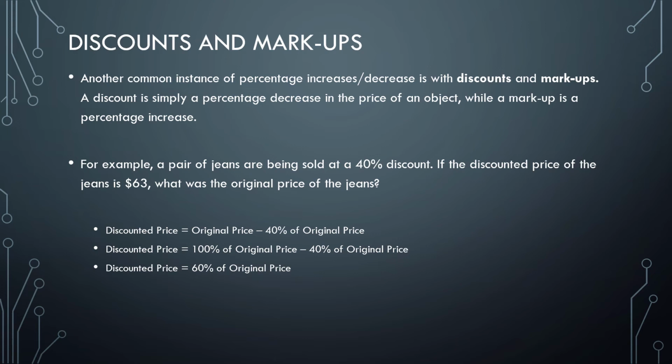Like if it's 40% off, then the remaining 60% is still there. That's a good way to think about it. But either way, when we then plug in our numbers, we have 63 is 0.60 times the original. So then we divide by that 0.60 and we get $105. So pretty decent deal. In this case, we could say that the discount was $42, but the discount rate was just 40%, which is kind of nice.